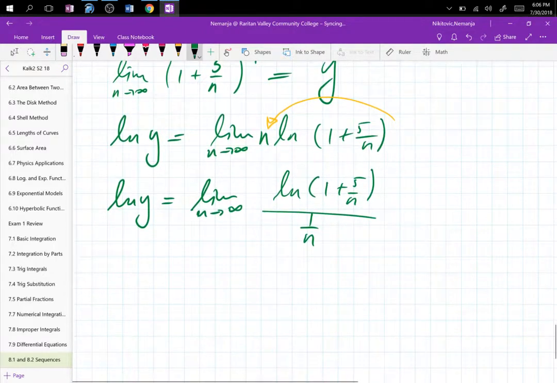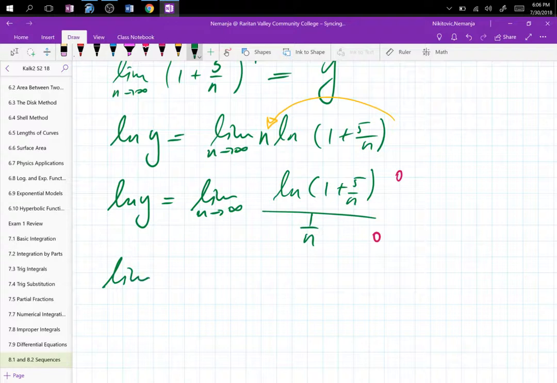Okay. The next order of business: now that you have 0 over 0, if you plug in infinity, you get 0 over 0. So you can use L'Hopital's rule.